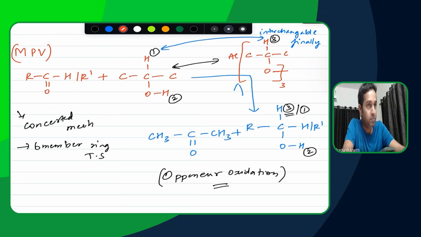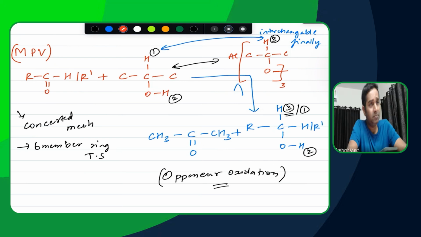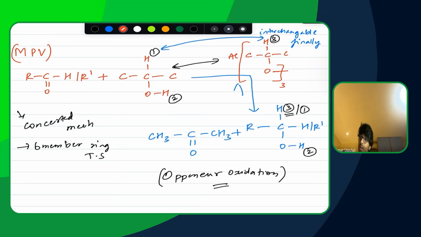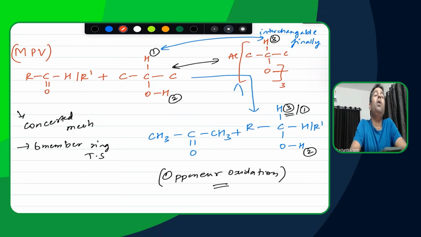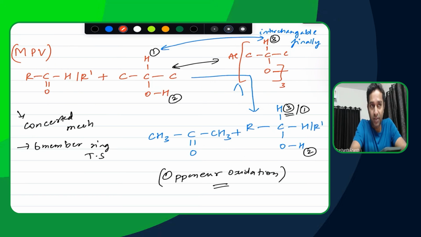Sir, after preparation methods, what else will come? Reactions. Can I do questions of this chapter with the preparation methods, should I start with just this? What does "with just this" mean? I mean, you understand that organic is always cumulative now.